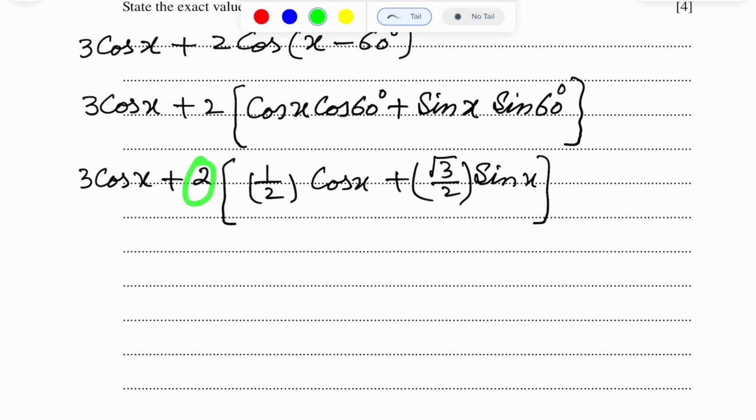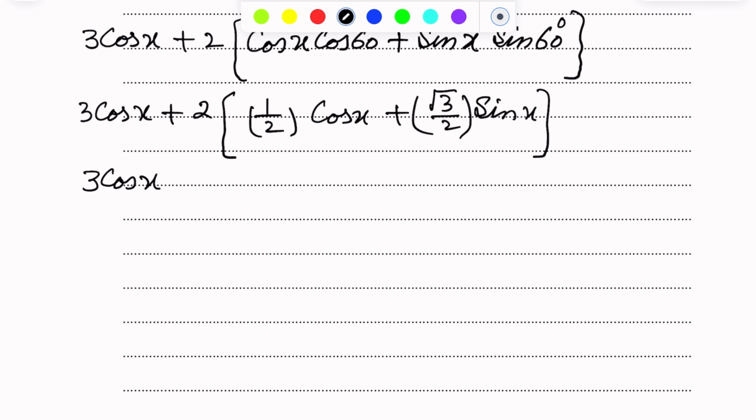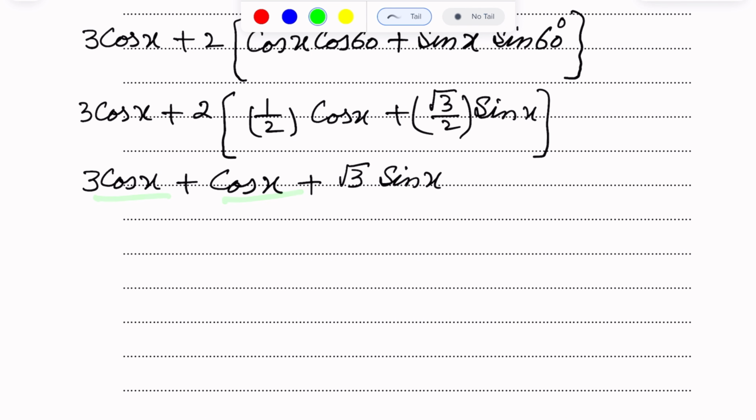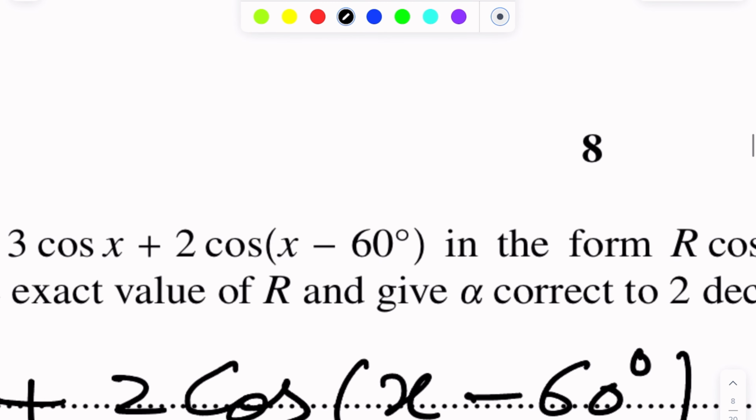Now we will multiply this by the two terms within the bracket. So this becomes 3 cos x plus, cancelling out, in the first term we can write cos x, plus, from here 2 is cancelled, we get root 3 sin x. Collecting or adding these two terms, we get 4 cos x plus root 3 sin x.